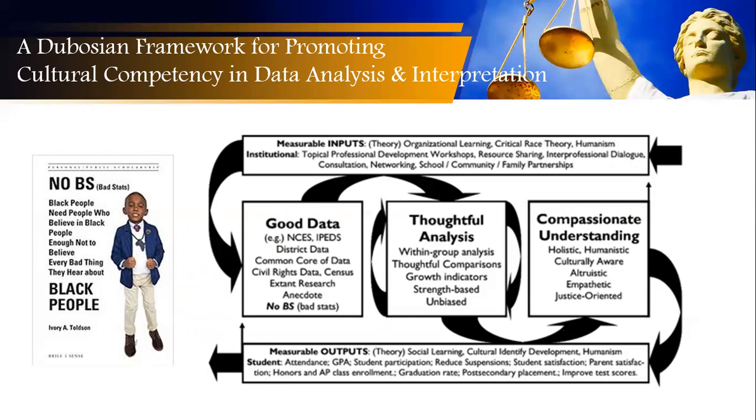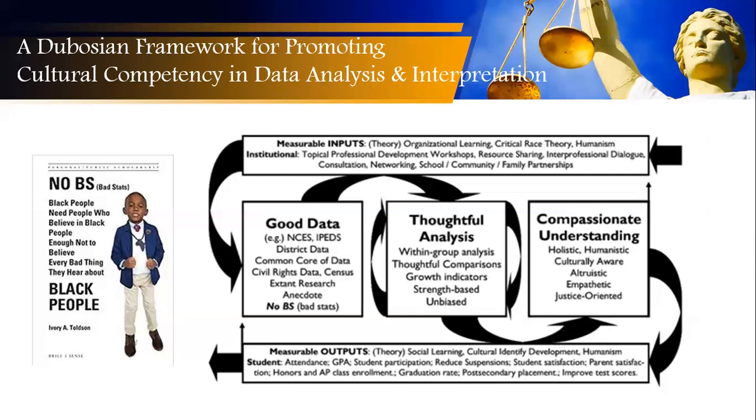How do we understand the data and how do we convey that understanding? We need compassionate understanding that is holistic, that is humanistic. The humanistic piece goes back to what we were talking about in terms of mixed methods approaches, where mixed methods helps us to see the human behind the numbers. And so we need more humanistic understanding.